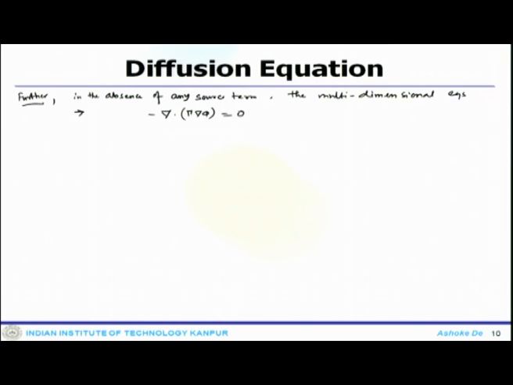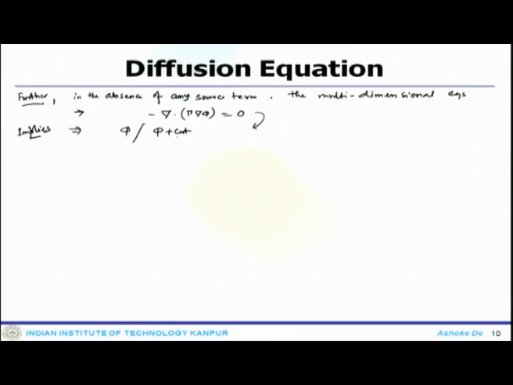This implies straightaway one important property: phi or phi plus some constant are the solution of this particular governing equation. Since this is an elliptic system, the solution of this equation would be the same whether it is phi or phi plus any constant.